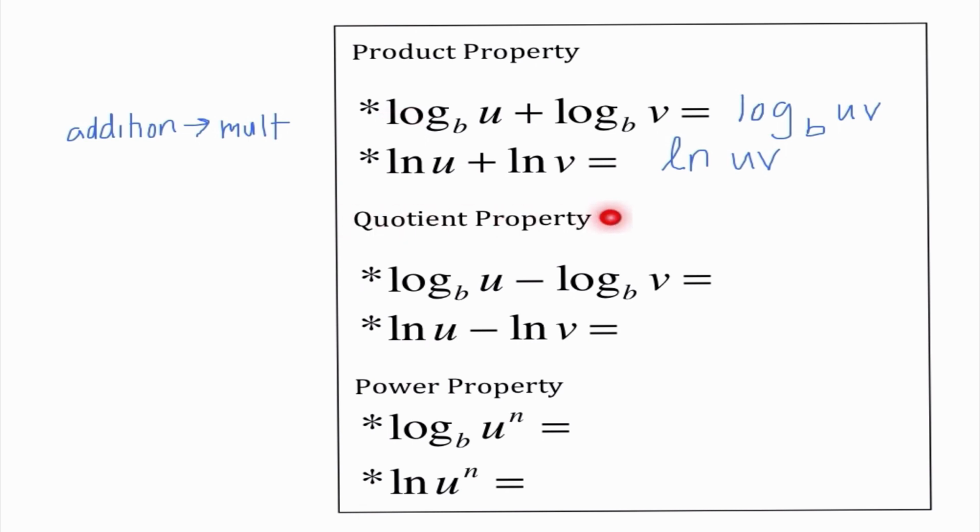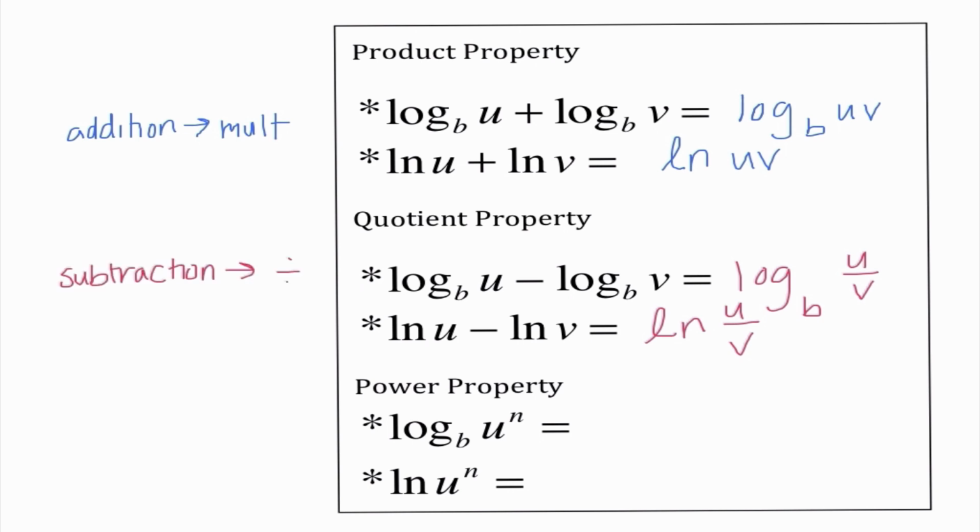Next, we have our quotient property, and we know quotient means division. So this time, once again, I have the same base. Instead of addition, we have subtraction. And so this is going to become log base b of u divided by v, or ln of u divided by v.